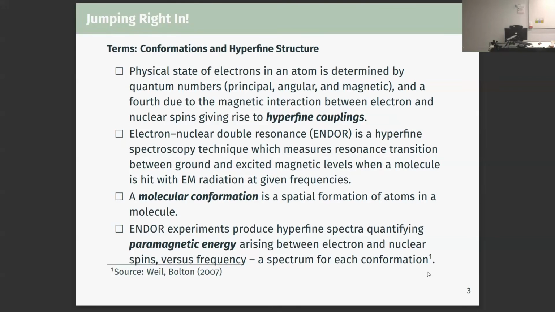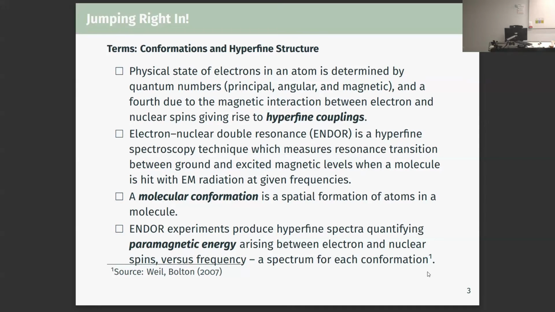Okay, so the physical state of electrons is determined by quantum numbers. There's three originally proposed, and then a fourth that was discovered in an experiment about 100 years ago, which arises between the nuclear spin and an electron in the vicinity of the nucleus of an atom.